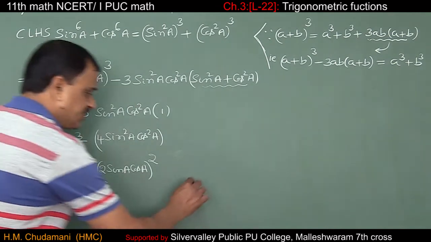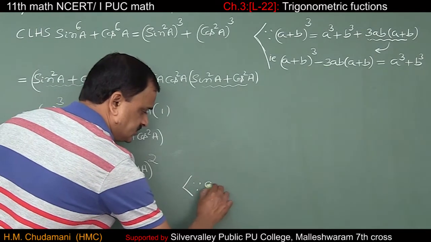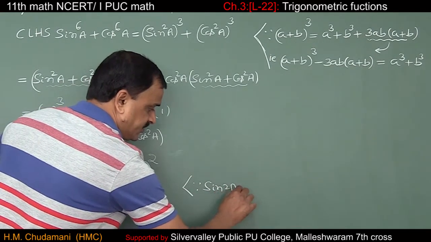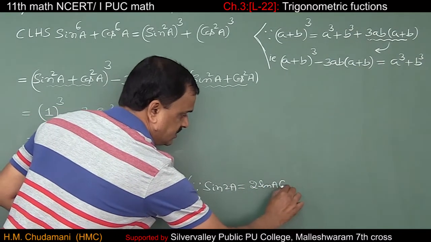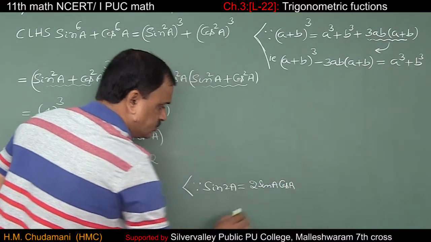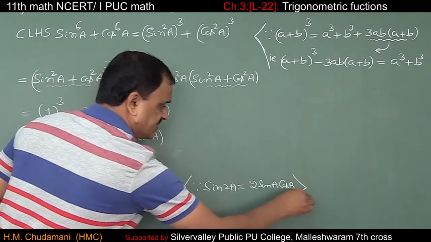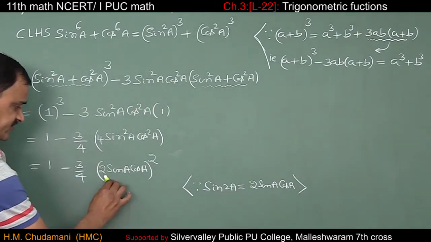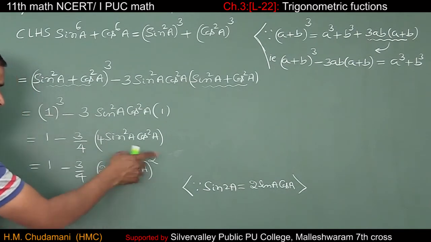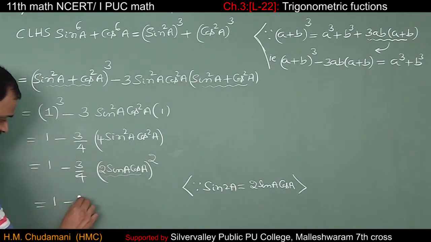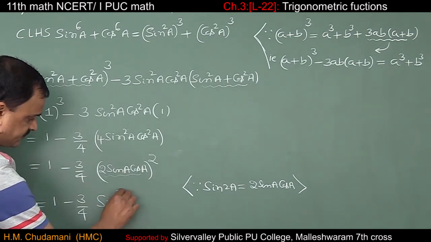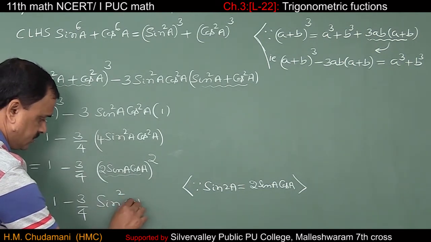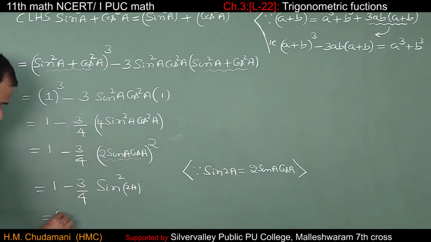We have the formula: sin 2A is equal to 2 sin A into cos A. This can be written as (sin 2A) whole square, that is sin square 2A. So that is what the RHS we want.